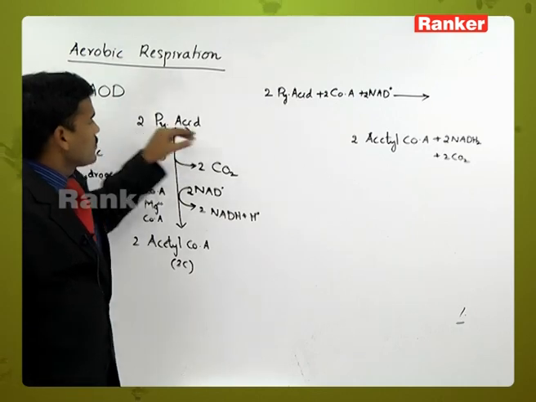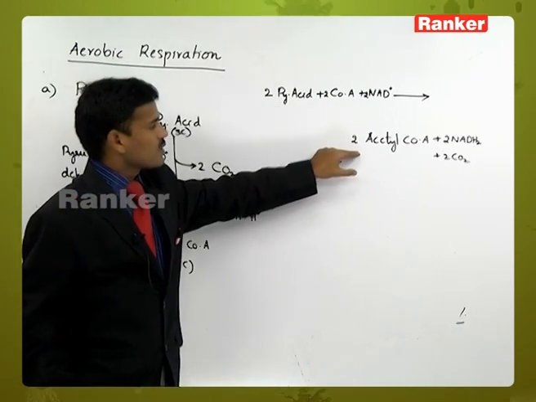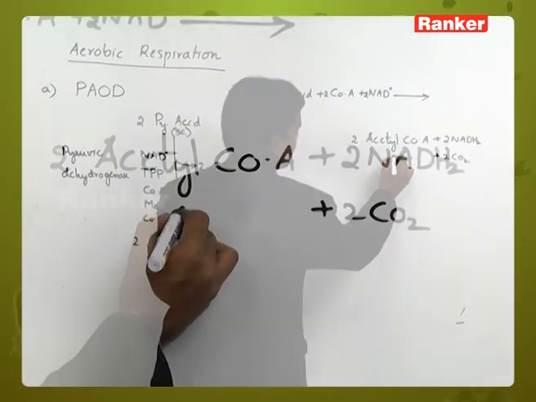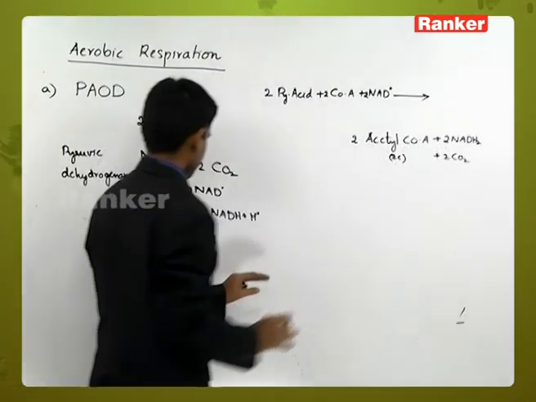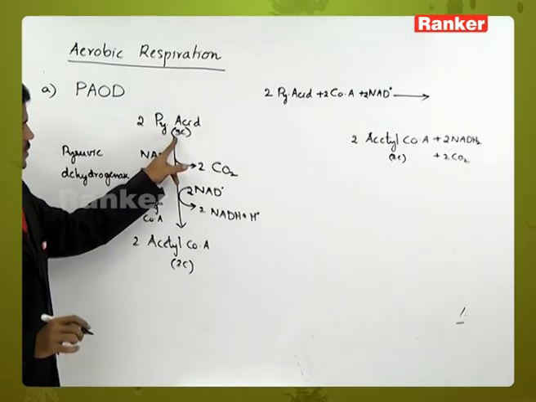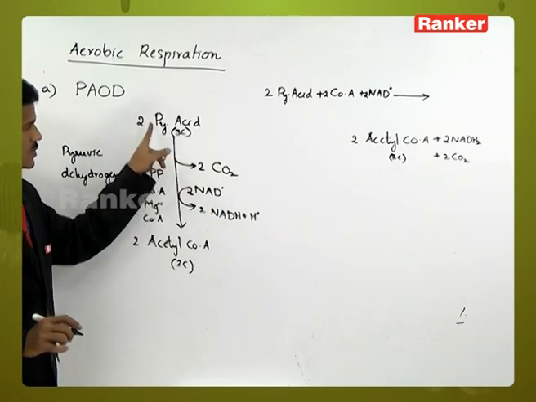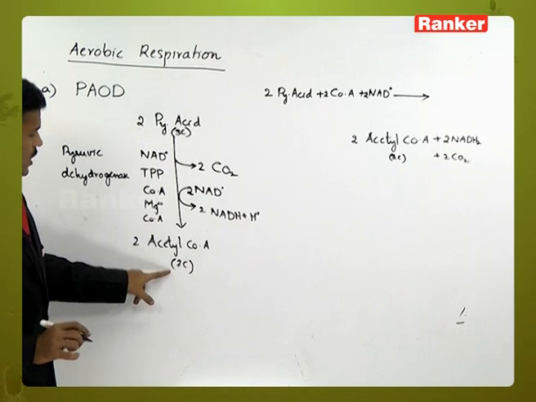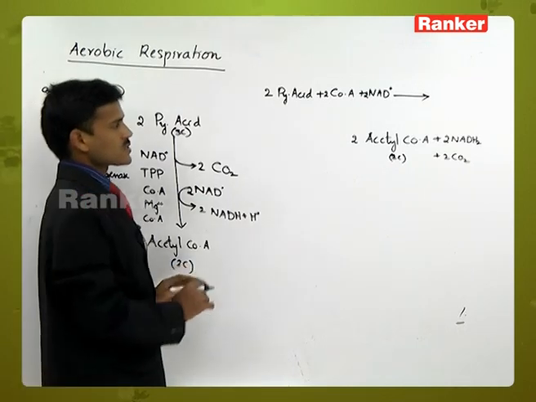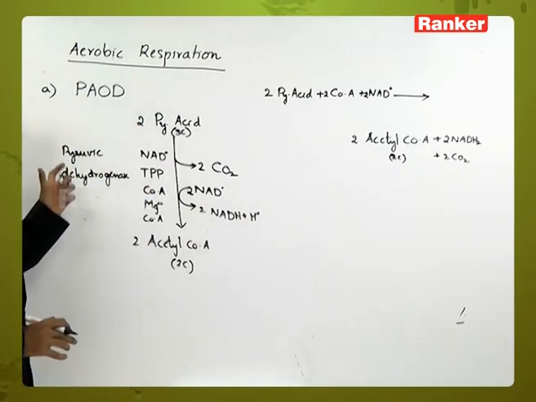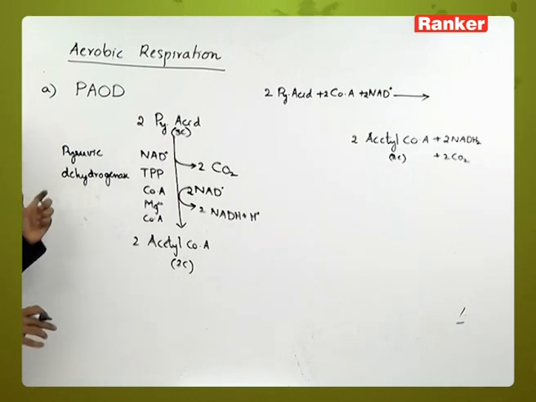So 2 molecules of pyruvic acid are converted into 2 molecules of acetyl coenzyme A. Why 2-carbon? Because from the 3-carbon compound, 1 carbon is removed from each pyruvic acid. So 3 minus 1, 2-carbon acetyl coenzyme A is produced. So this is the second step in aerobic respiration.